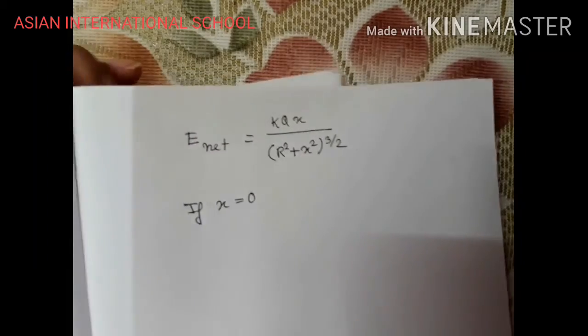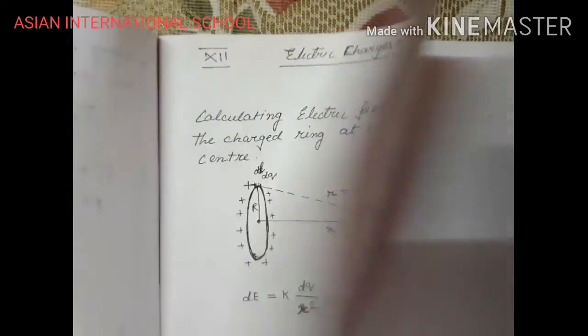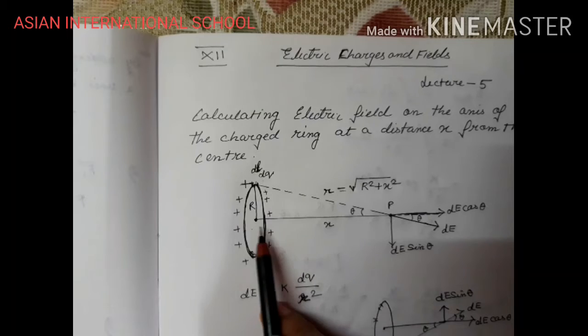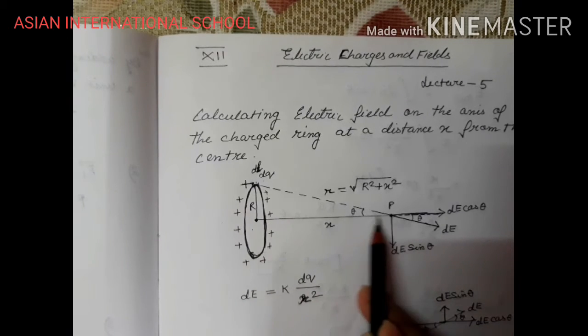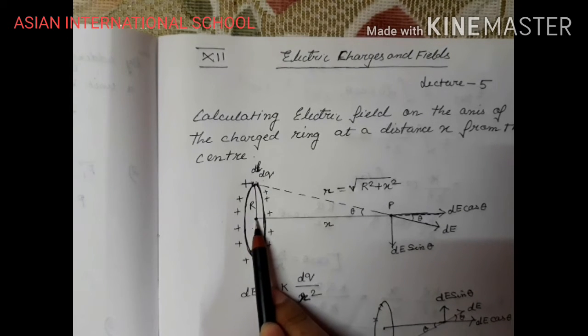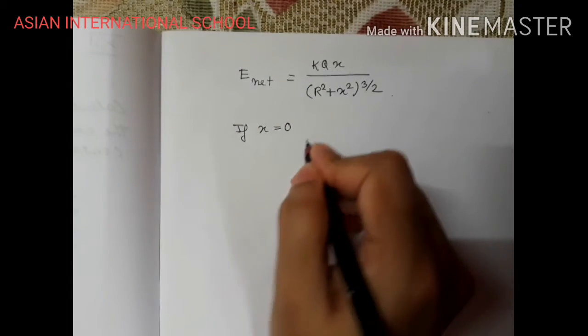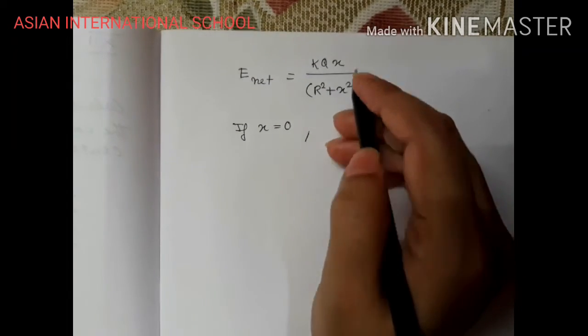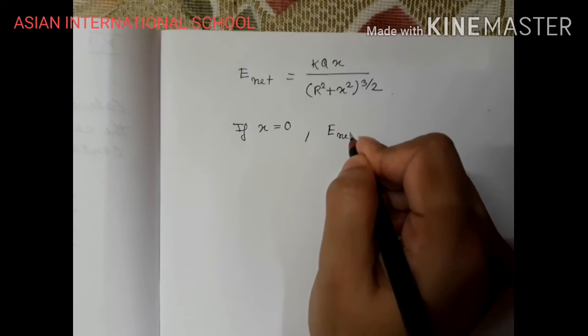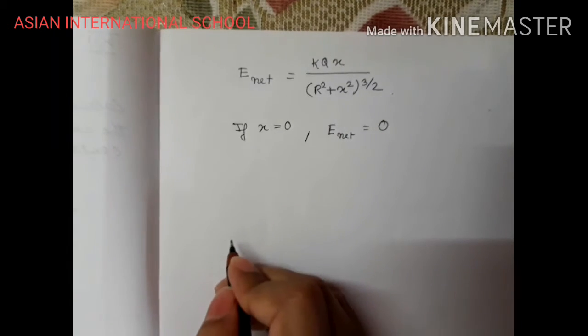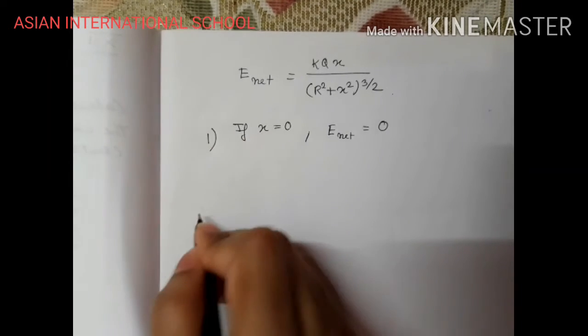Let us move to the previous diagram. If x is 0, this separation is not there, which means we are at the center of the ring. Do we have any charge at the center of the ring? No, the charge at the center is 0, so the electric field intensity should also be 0 at the center. If I put x as 0, my electric field comes out 0. This is condition 1.